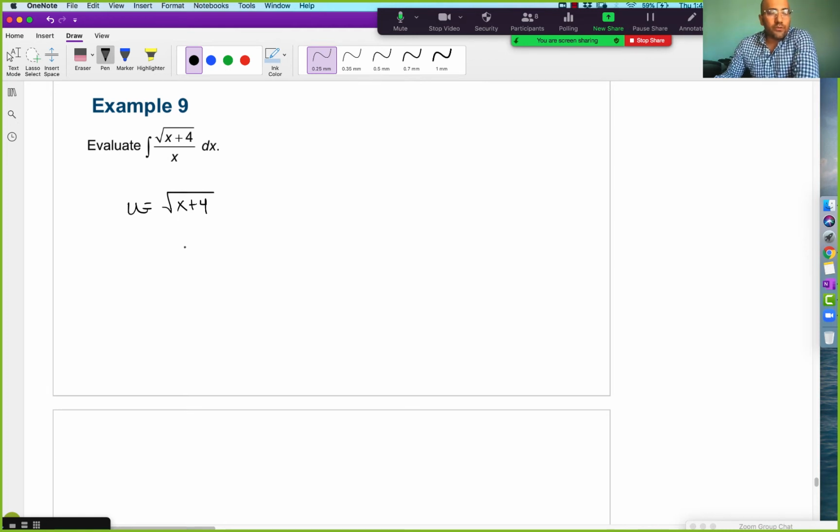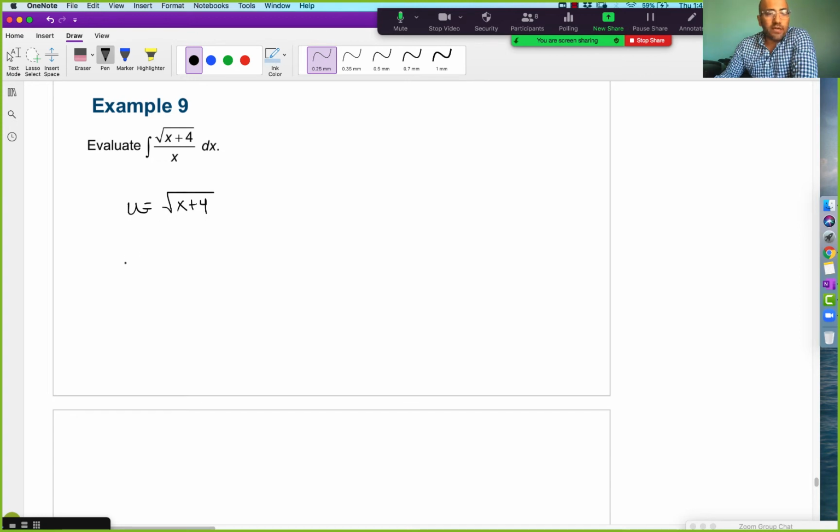What I want to do is square both sides. It's not going to be a straightforward substitution because if I take the derivative of this as it stands, I'm going to end up with another radical, which is not in my integral, so I won't be able to do a direct substitution.